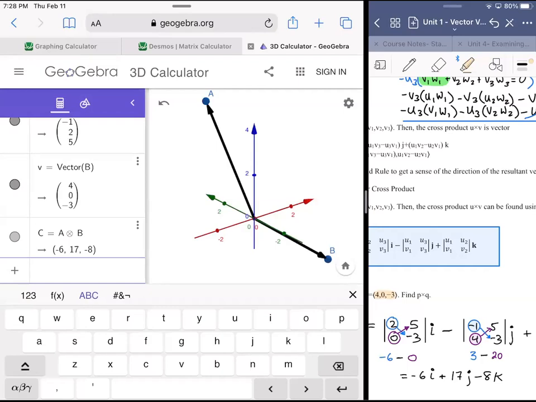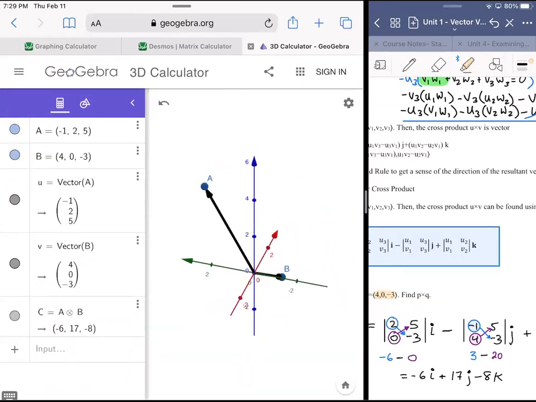Just as a general rule of thumb, between Desmos and GeoGebra, if I don't know one way or the other, I just start typing in the thing that I want it to do. And if it'll do it, it'll start letting me know with a drop down in GeoGebra, or it'll start changing it from italics to regular font in Desmos, right? But bottom line is, it gives you the cross product here of -6, 17, and -8. So that's great.